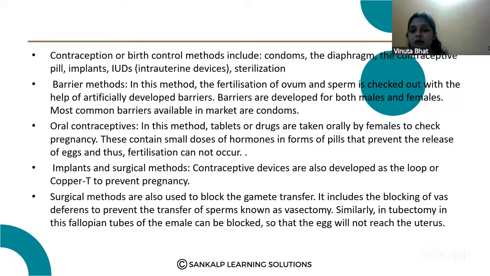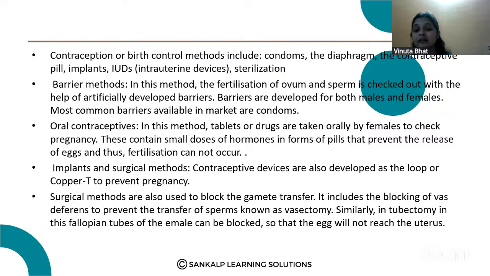Then oral contraceptives means hormone containing tablets that are taken orally, and which prevent the release of the egg, so fertilization also does not occur. And some surgical methods, for example copper T wires that are implanted inside the uterus, which prevent pregnancy.